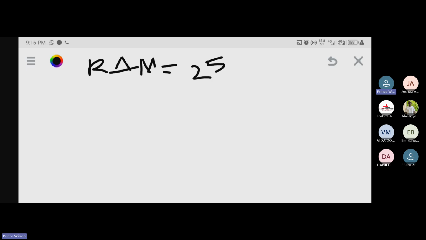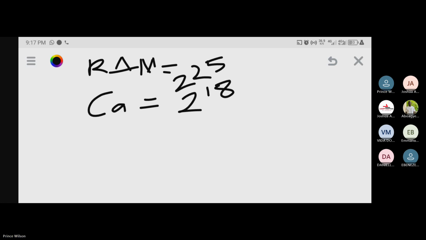And then we checked our cache size, which is 256, equivalent to 2 to the power 18. And then how much did they give us for our block size?